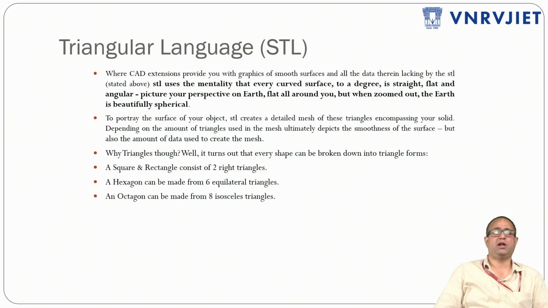A hexagon can be made up of 6 equilateral triangles, and an octagon of 8 isosceles triangles. That is the reason it has three vertices and one normal. That is why the triangle is the preferred polygon to tile the entire complex surface geometry, and why it is called a standard triangular language.